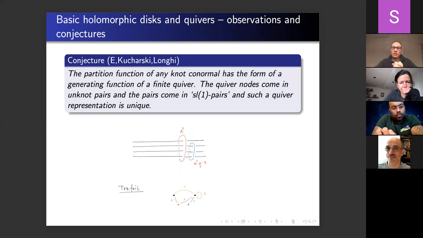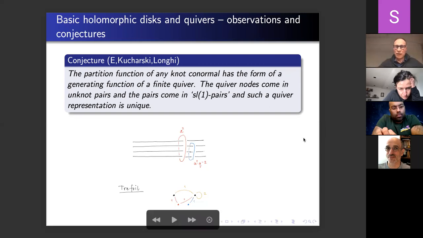So here is some kind of conjecture in line with Nina's question. I'm explaining it here for the knots which have just once-around generators. You have to modify it a little bit, but not much, for the many-times-around. The idea is that any such knot should have a quiver of the following form.